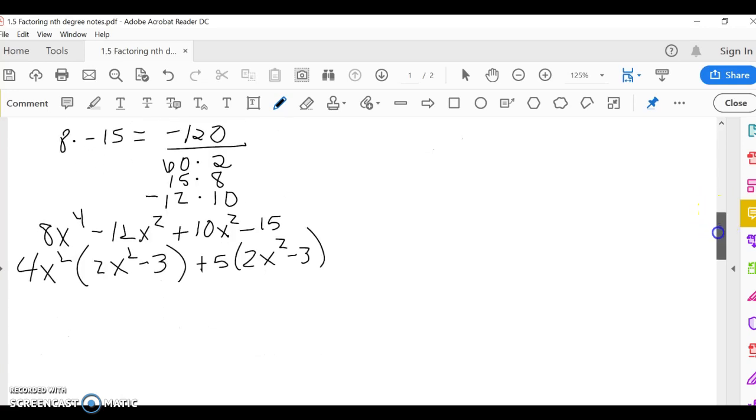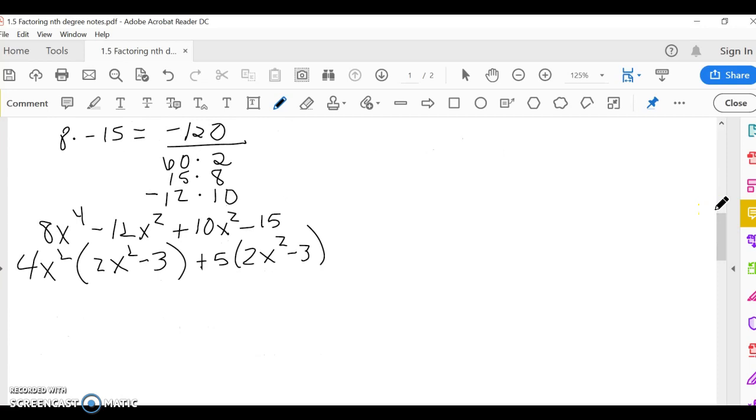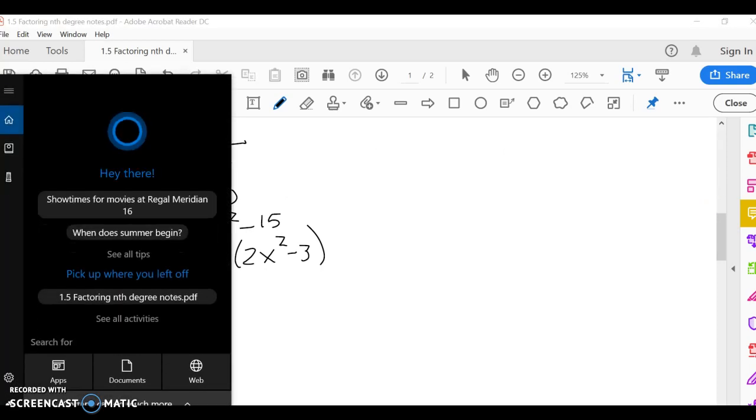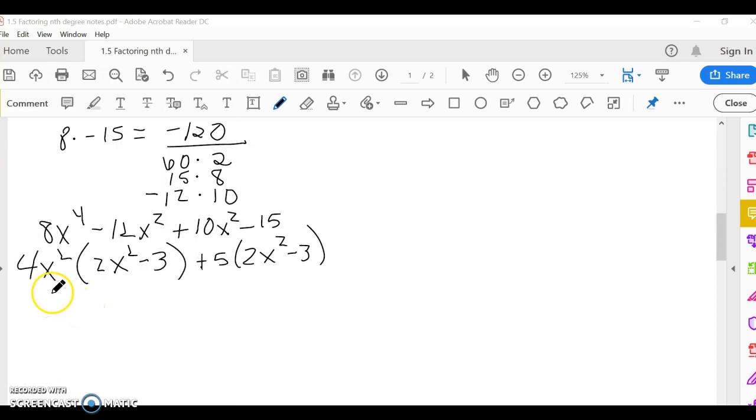And they do. So then what you essentially do is you factor again. You factor out the 2x squared minus 3 that they have in common. And then you write down what's left over, 4x squared plus 5. And that's your final answer.